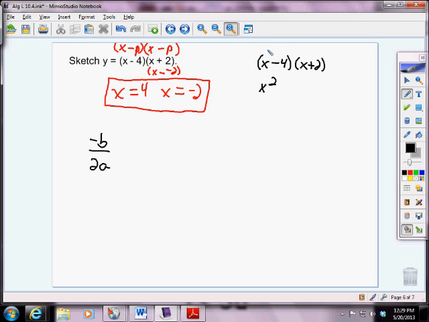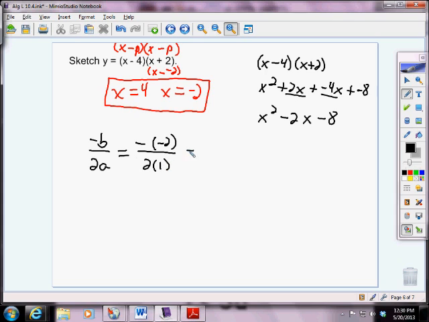First, outside, inside, last. And when you use FOIL, your middle two terms are always your like terms. So our negative b is your negative negative 2, over 2 times a, well, a is just 1. So a negative negative 2 is positive 2. 2 times 1 is 2.